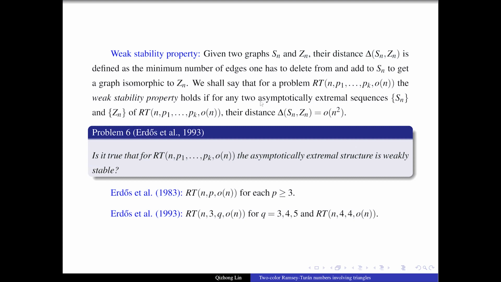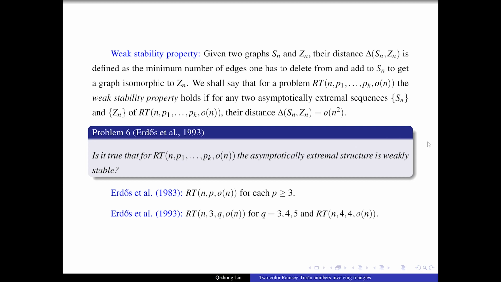And Erdős and Sós asked whether the asymptotically extremal structure for the Ramsey-Turán problem is weakly stable. The answer is yes for the one color case. For the two color case, we only know that the property holds for the known four Ramsey-Turán numbers.